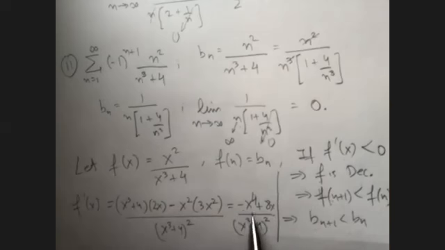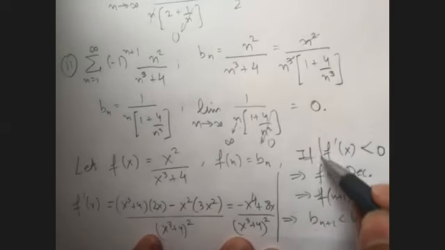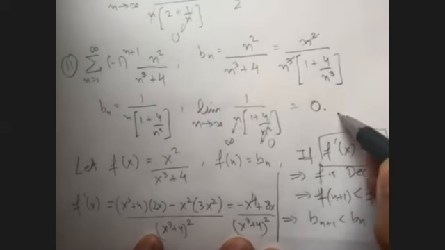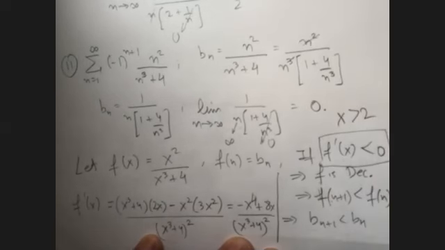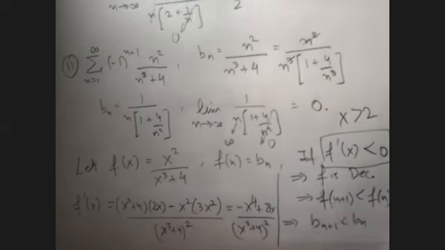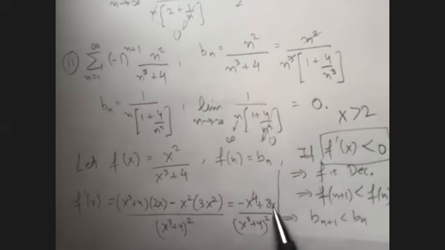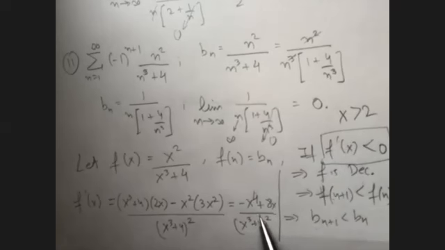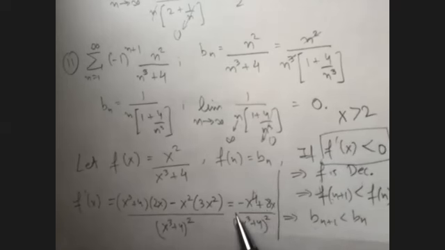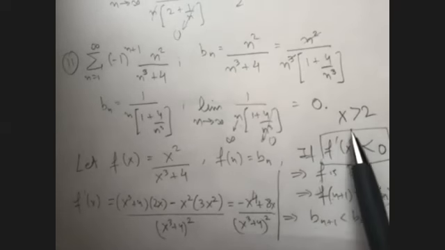So you get negative x4 plus 8x. And this will be negative. So this will be true if x is greater than 2. Because when x is 2, you have 16 and 16. So 16 minus 16 is 0. So x should be greater than 2.